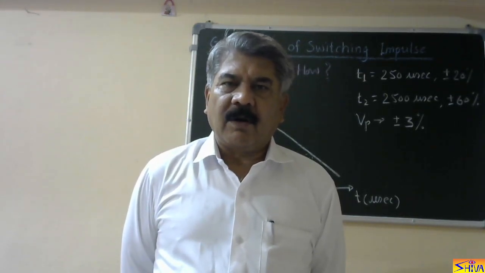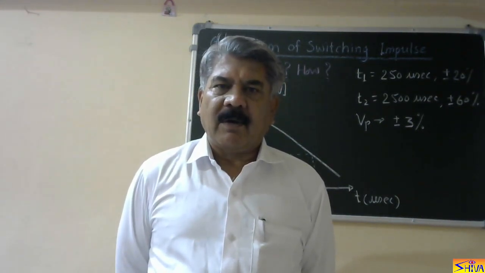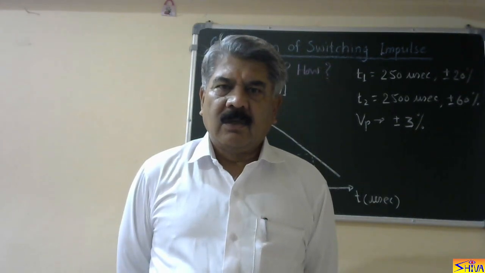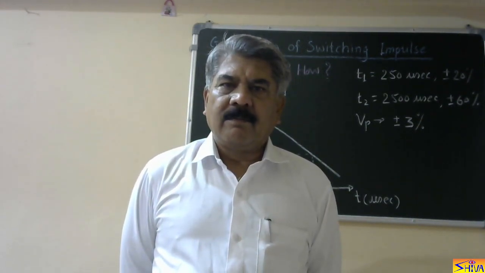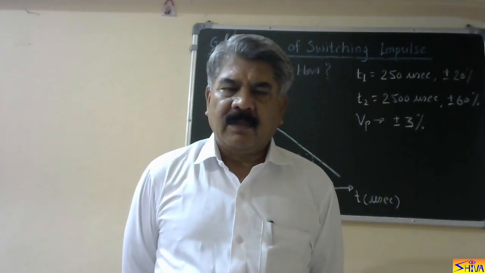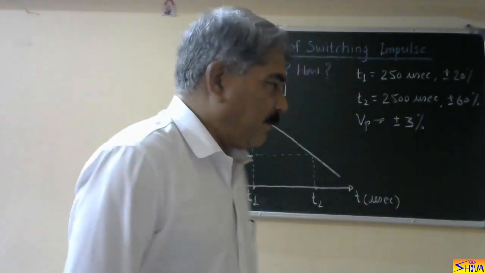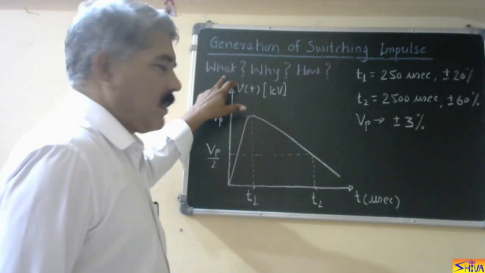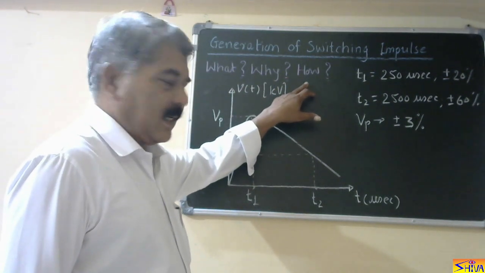Now, if it is power frequency voltage, I had already discussed how to generate the power frequency high voltage. So by generating that voltage, we can test the equipments against power frequency type switching over voltage. Second is, they are of impulsive nature. So today I will discuss what is switching impulse, why it is generated, and how it is generated.